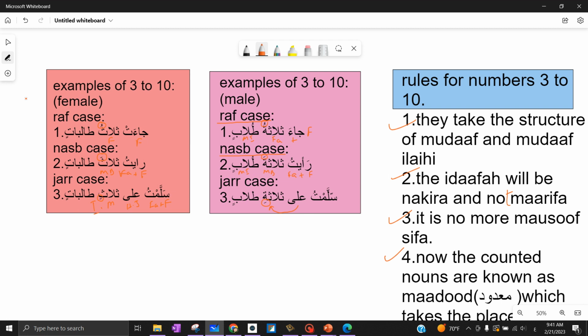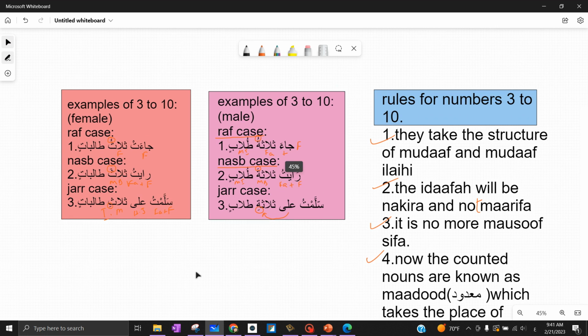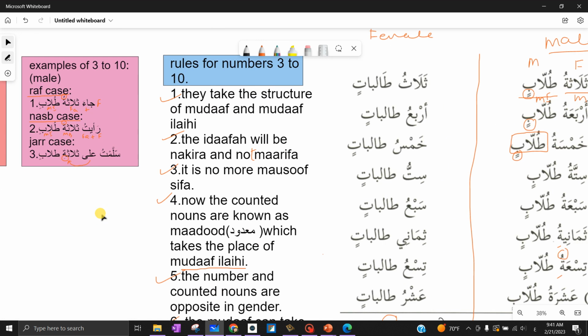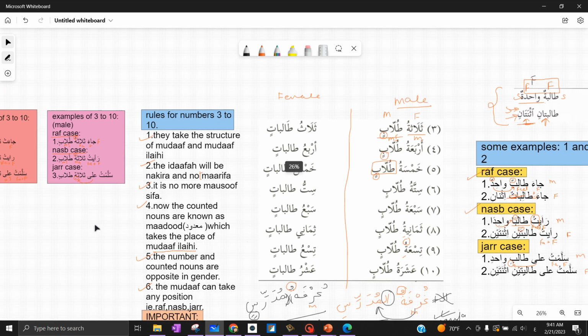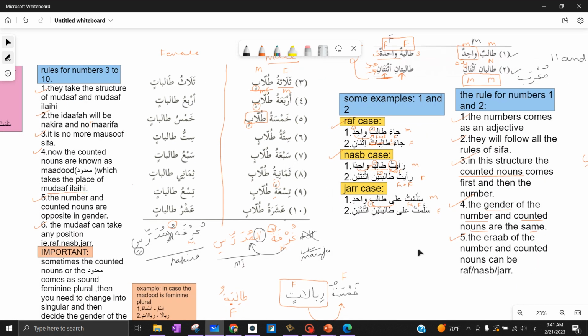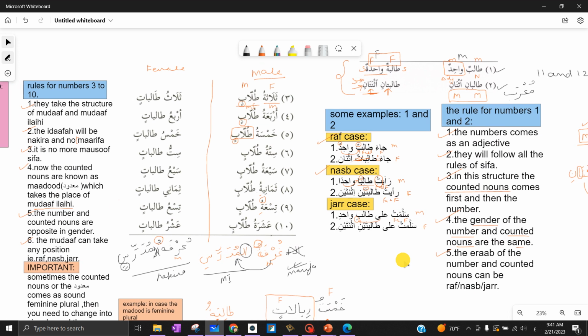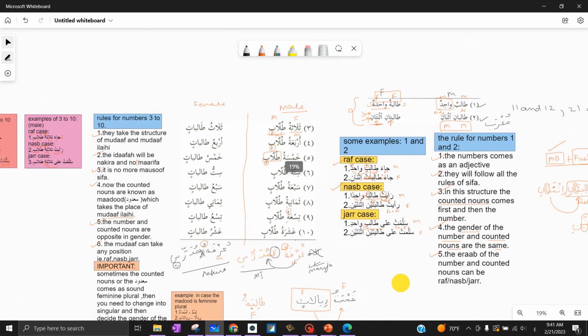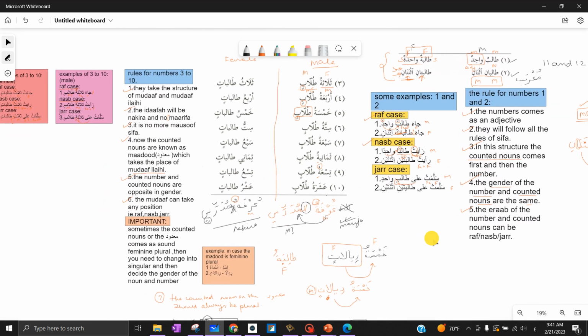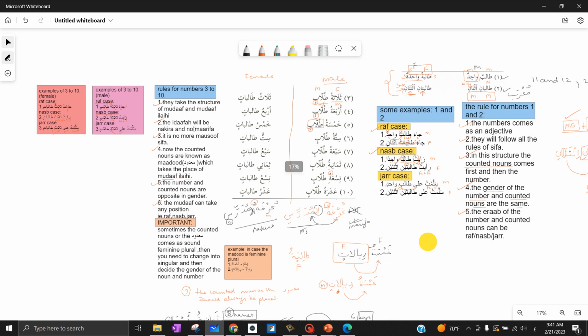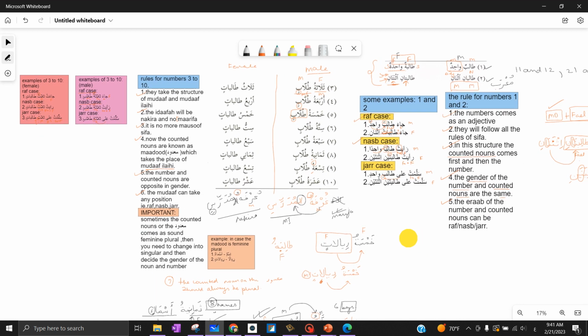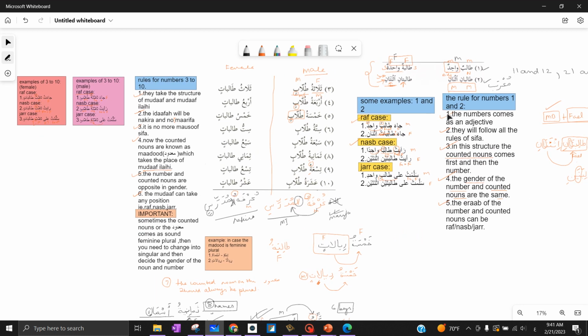So this is all we did, the numbers from 1 and 2 and 10. Let's check the number rules of 1 and 2, as I can put it in one screen. As you can see here, the rules of number 1 and 2 are different from 3 to 10.